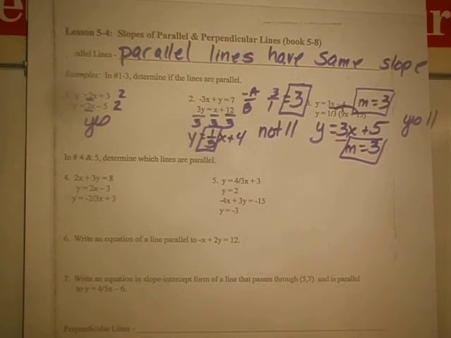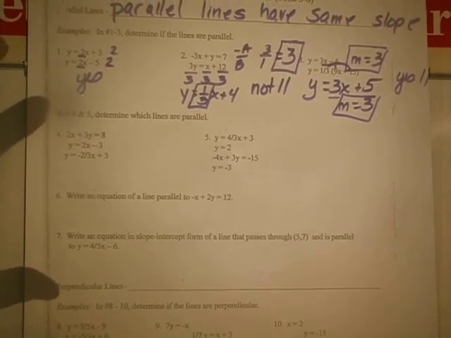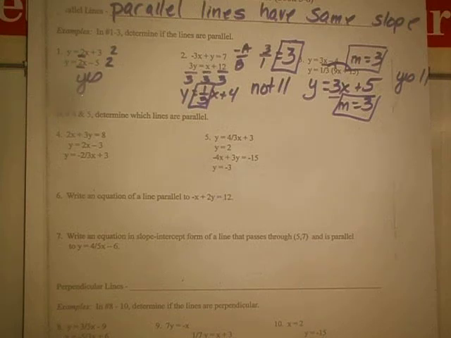Parallel lines have the same slope. The hard part is looking at the equation and figuring out what the slope is. Number 4, we are asked to determine which lines are parallel. First one is in standard form. Negative 2x plus 3y equals 8.